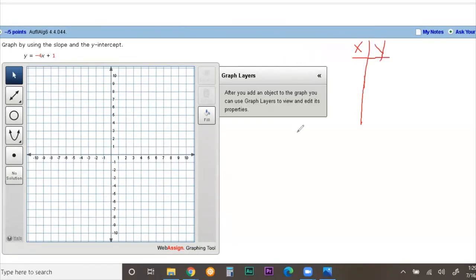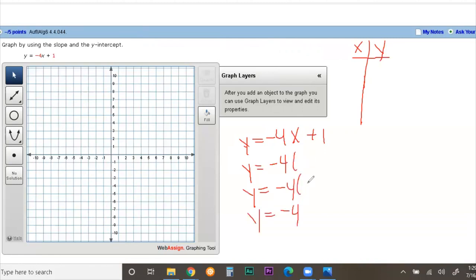So our equation is y equals -4x plus 1. What we want to do is plug in different values for x. So let's plug in 2, 0, and -2.